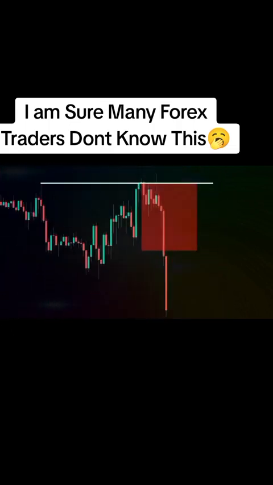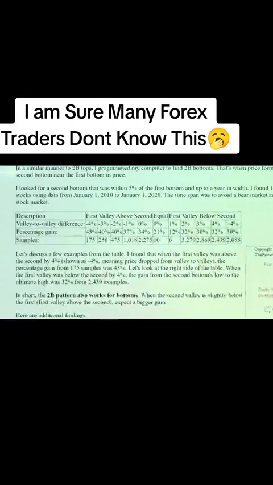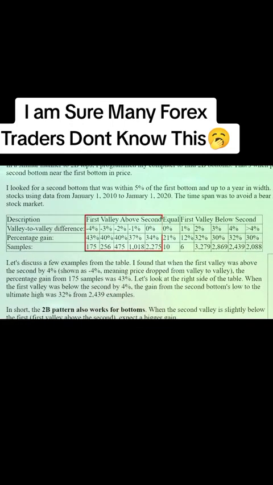Pretty simple. The statistics even back this up. These back test results are from Thomas Bulkowski, a famous trader, and look just how interesting this is. So comparing if the first valley is above the second, that being a liquidity grab like we just talked about, like this, compare that to if the first valley is below the second, so something like this.